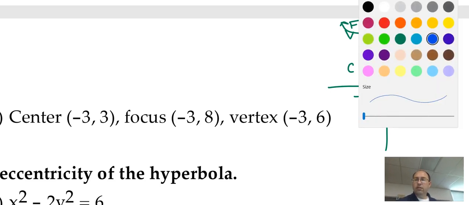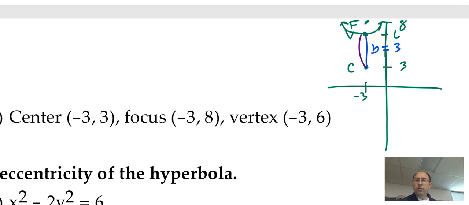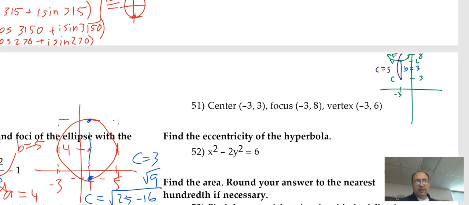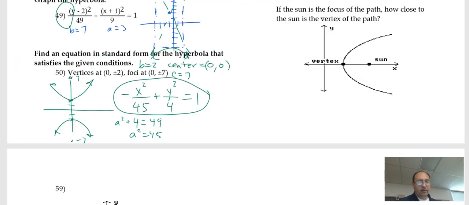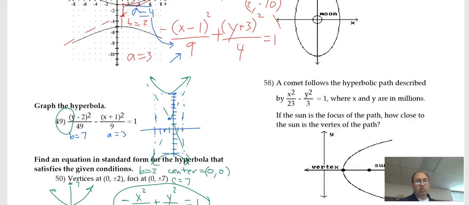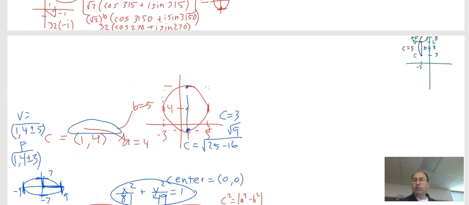My distance from here to here is 5, that's my C value. And what do they want me to do, graph this thing? I'm guessing the instructions were graph it. Find an equation in standard form for the hyperbola. Okay, that's all.